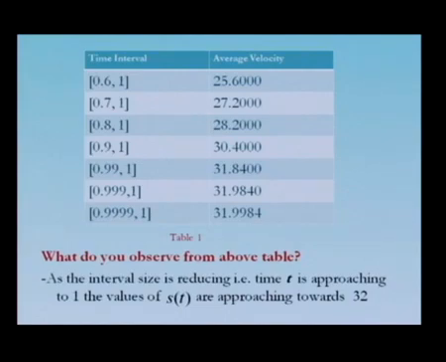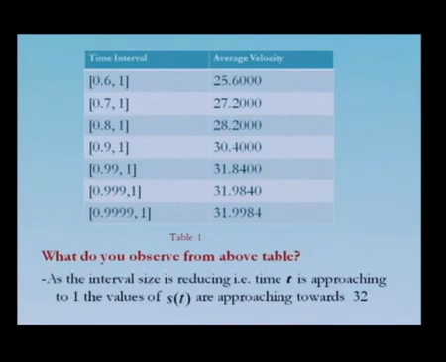When the time interval becomes 0.7 to 1, the average velocity becomes 27.20. When the time interval is 0.8 to 1, average velocity becomes 28.20. Similarly, when the time interval goes on decreasing in size, and finally when it is 0.9999 to 1, the average velocity is 31.9984.